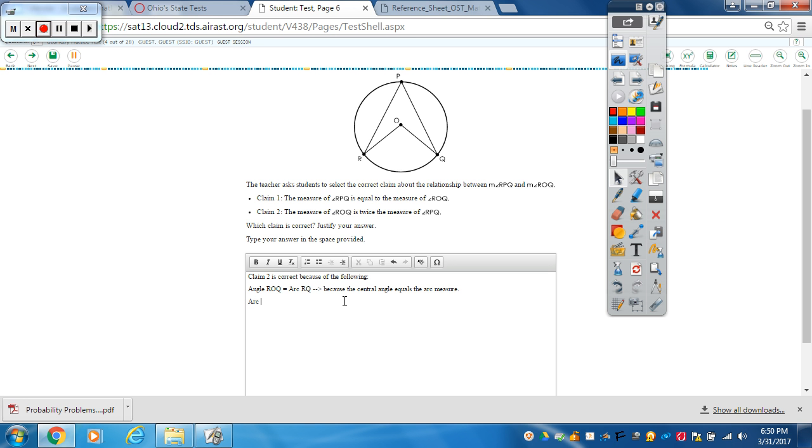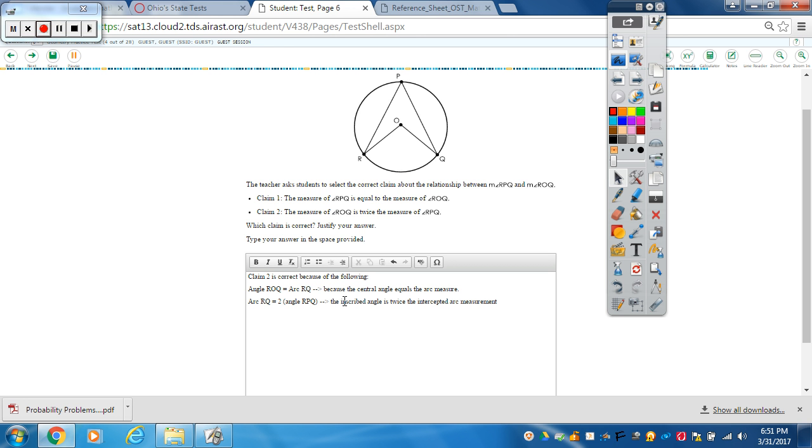Arc RQ equals 2 times angle, maybe you can put parentheses, angle RPQ. And then I would maybe even do something like this. The inscribed angle is twice the intercepted arc measurement. Something to that effect.